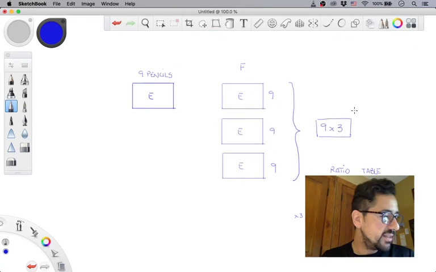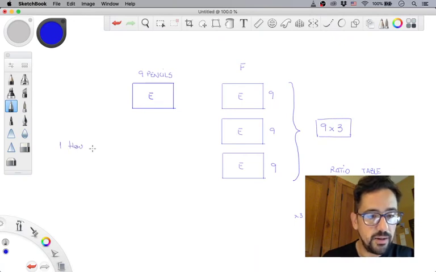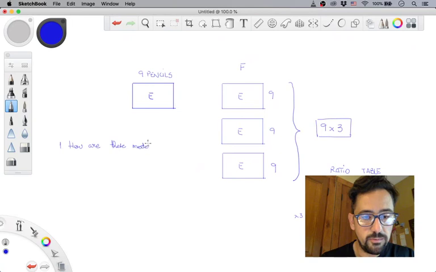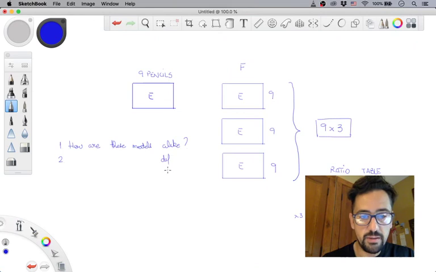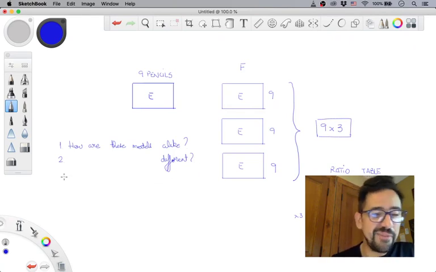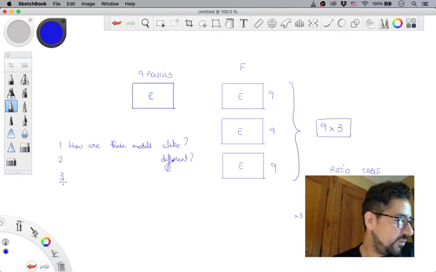So number 1 is, how are these models alike? Now the second question that I would like you to reflect on is, how are these models different? And number 3 is, which one is the most efficient?